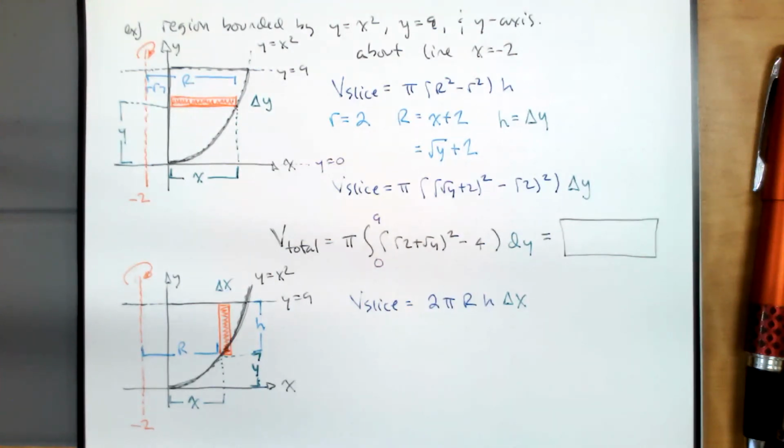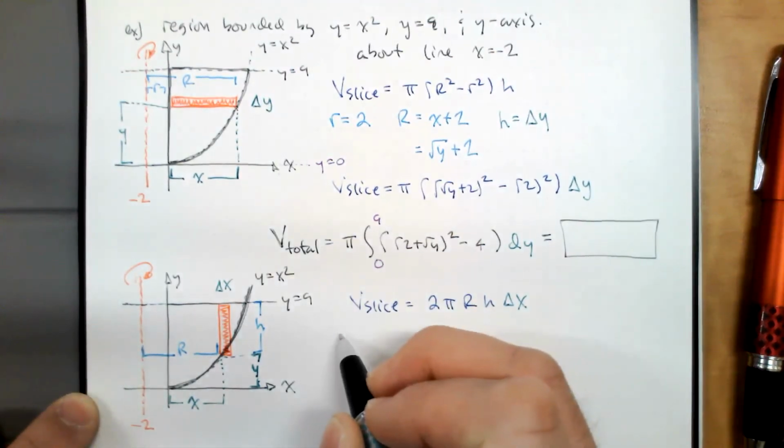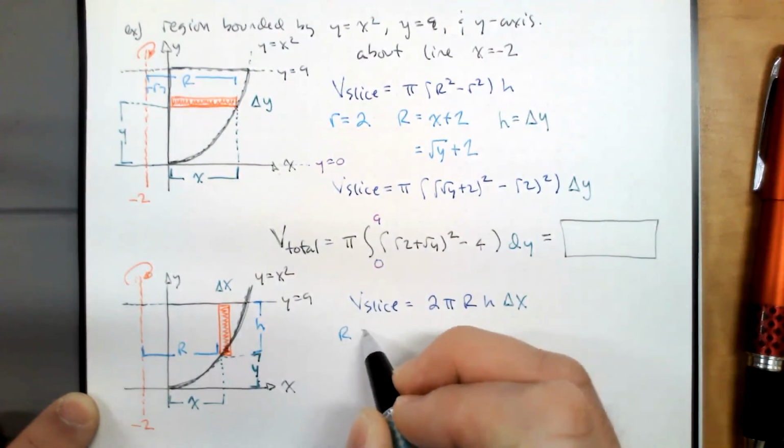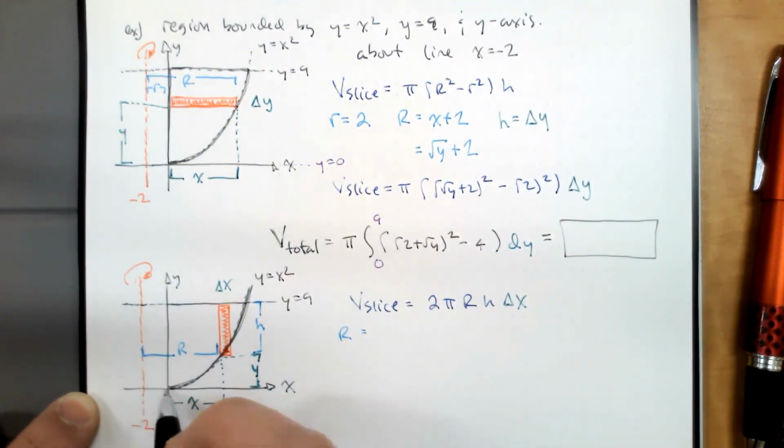Now we can see that the big R in this calculation is the same as the big R in the previous calculation. Big R is going to be x plus 2.